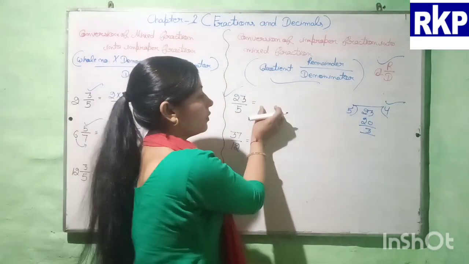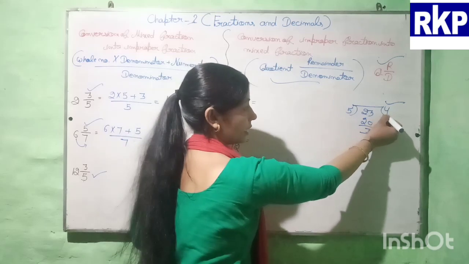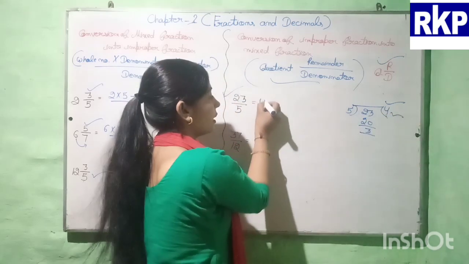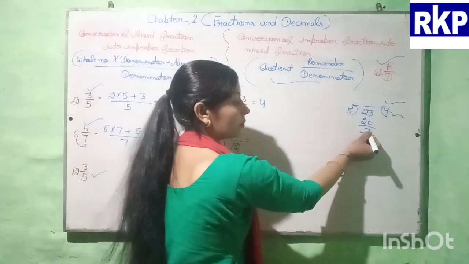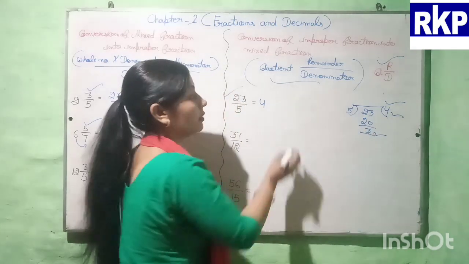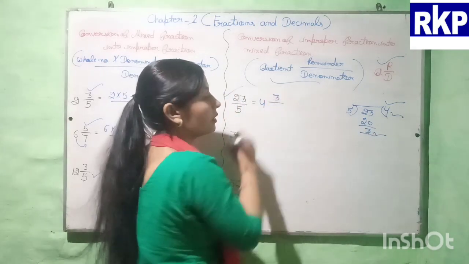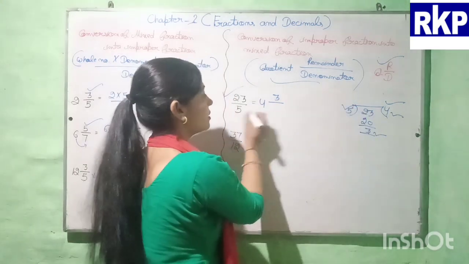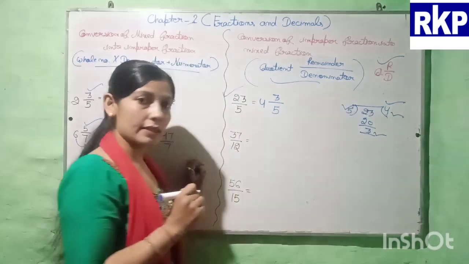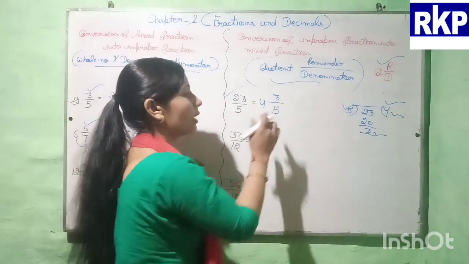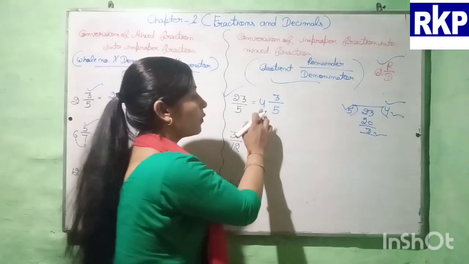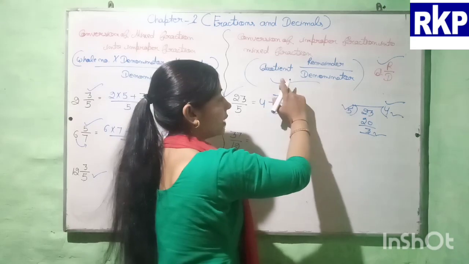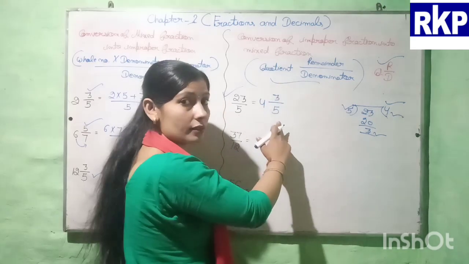So here we will write the quotient, 4 is the quotient, then the remainder, and here we will write this 5, the denominator, as it is. So 4 and 3 by 5 is our answer. First we write the quotient, then the remainder, then the denominator.